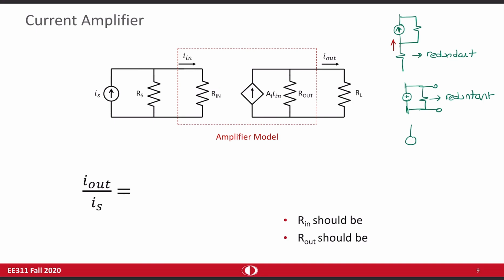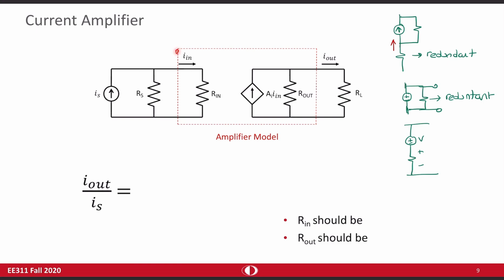But when you put the resistance in series, of course, for a voltage source, then you start having some voltage across this resistance, and because of that, output voltage will be different than the source voltage. This internal resistance is stealing some voltage from the actual voltage source. So by keeping this in mind, you have to revise the model depending on what kind of input or output you are using.